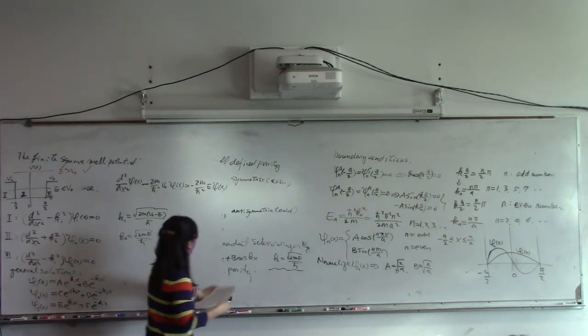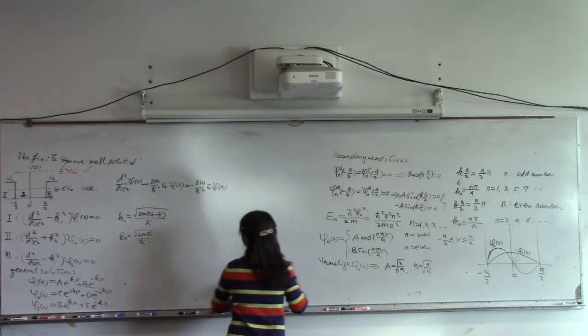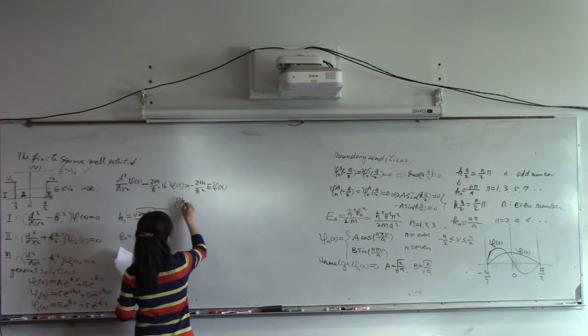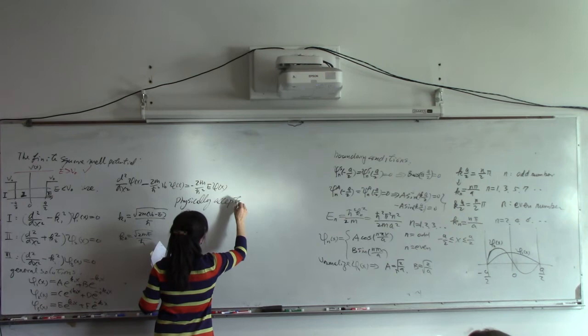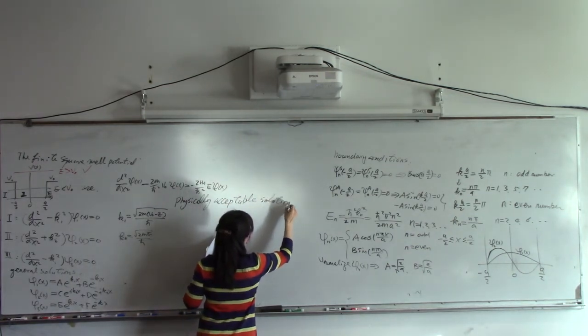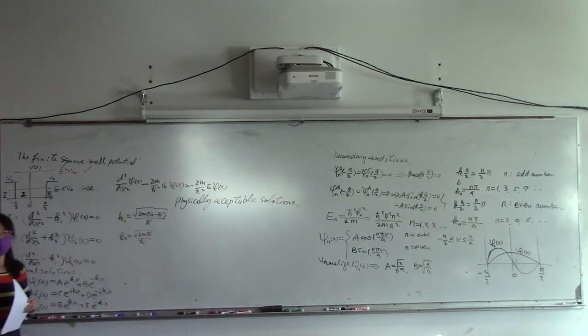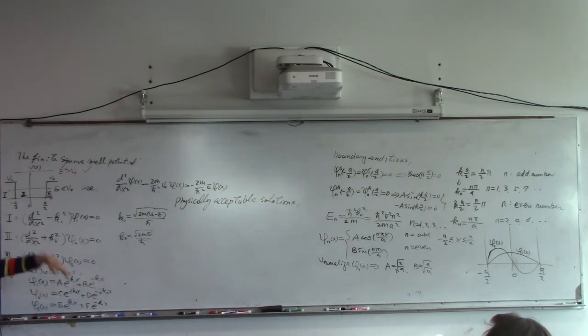Okay. Now we are going to discuss physically acceptable solution functions. Which information do we have to consider? First is being finite. So now let's look at psi 1. Here x is always negative. So when x goes to negative infinity, this one is okay, but this other one blows up, right?